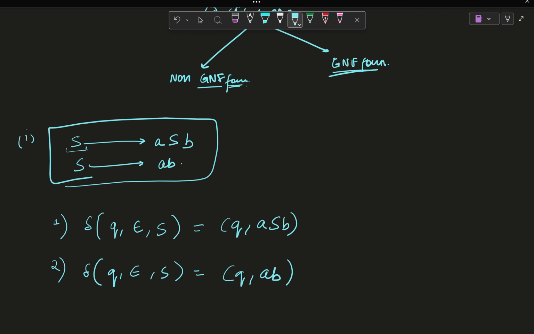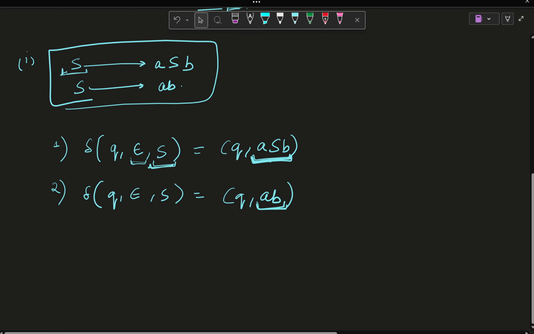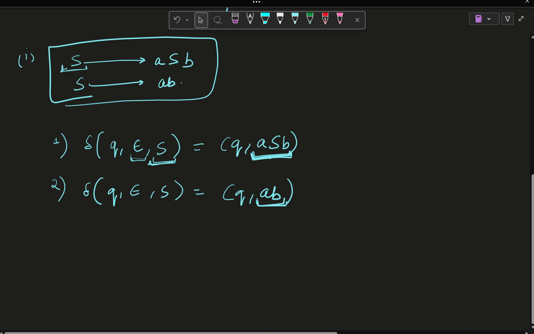When we are starting something, there is nothing that we have to input, but there's a starting state that we have. So on this stack symbol, we are adding ASB, which is our push function, because these are the only two ways we can push and add something into our production, into our PDA. So this is how we are going to tackle this problem.